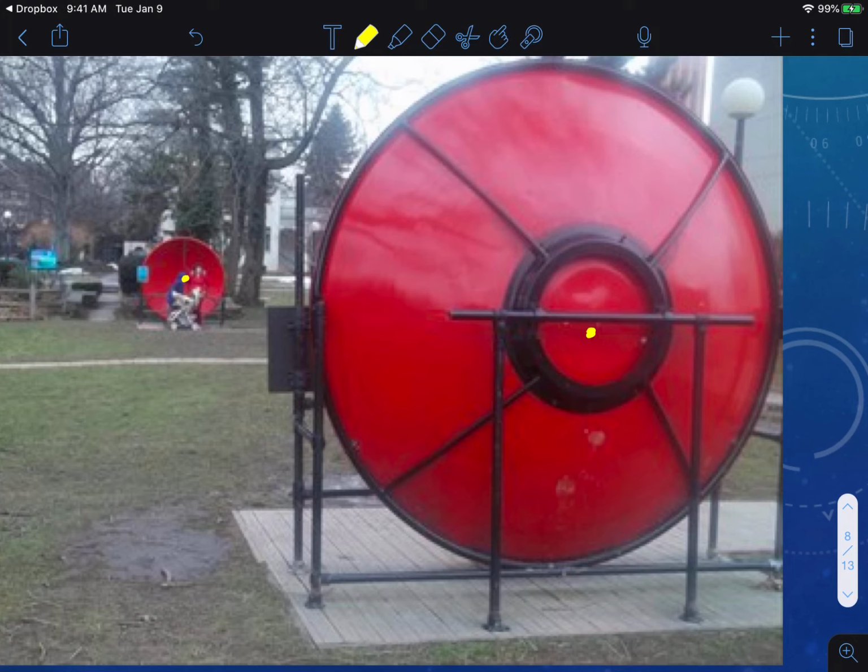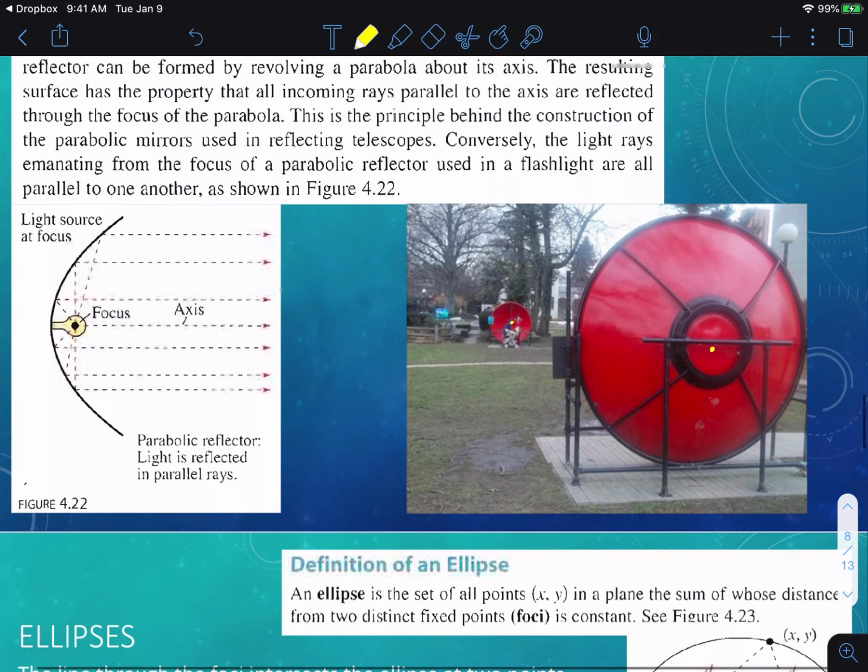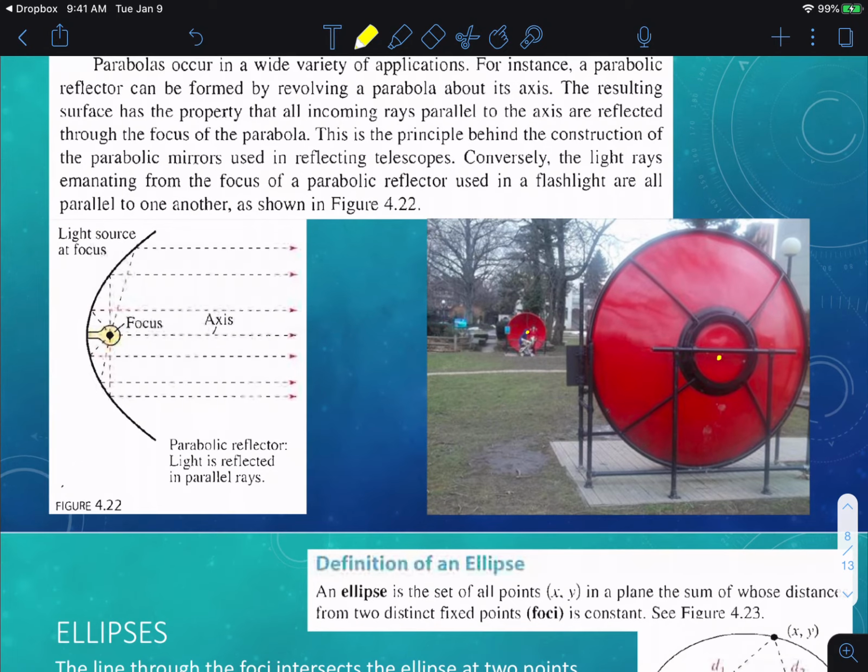And all of the sound emanating from you talking quietly would just go straight and to that other disc and then bounce off that disc and go into the ears of the person at the focal point at the other end. And you can carry on a very quiet conversation over, that looks like maybe could be 40 yards. And no one would be hearing your conversation.